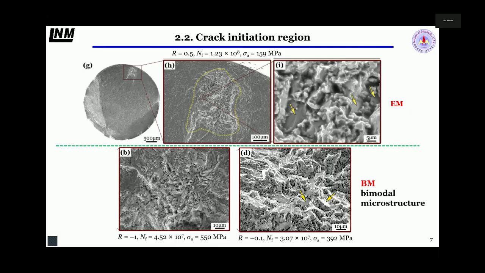It is easy to see that when the stress ratio equals -1, there is only a granular surface. It did not show a fracture surface like this facet. But in this figure, the facet number, you can compare across the whole crack initiation region. The facet number is not very large compared to this one because the equiaxed microstructure is limited.